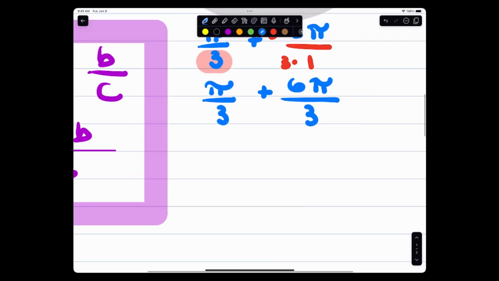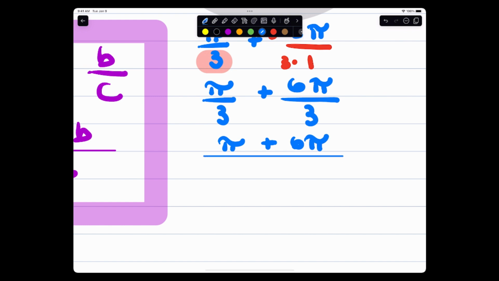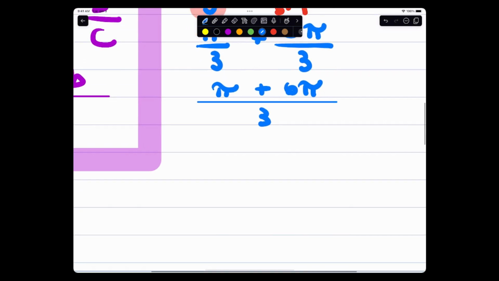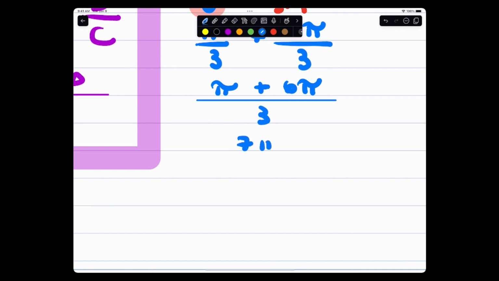Now, what does that mean? What do I do now? Pi plus 6 pi divided by 3 gives you what? 7 pi divided by 3. There it is.